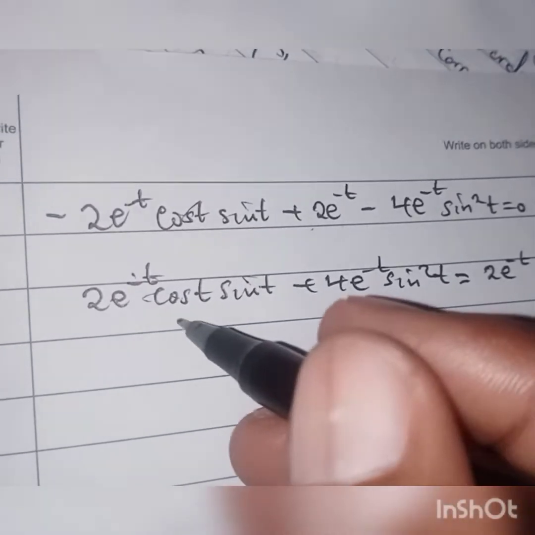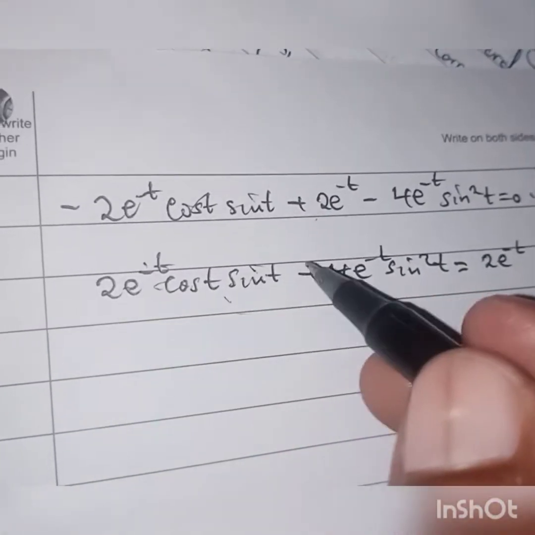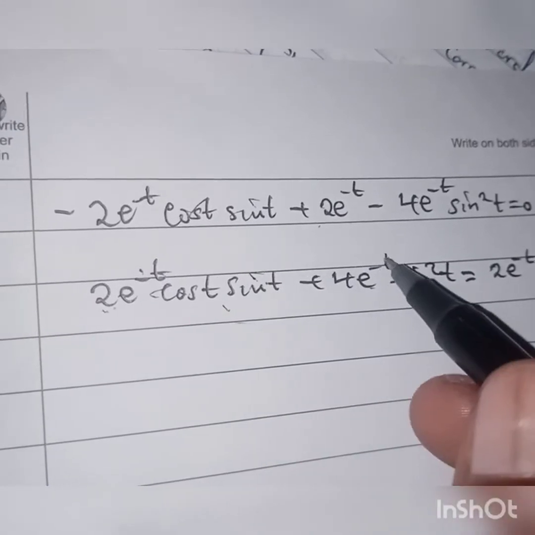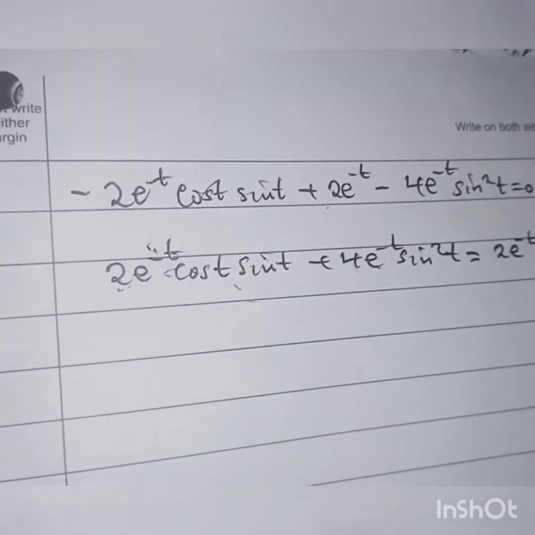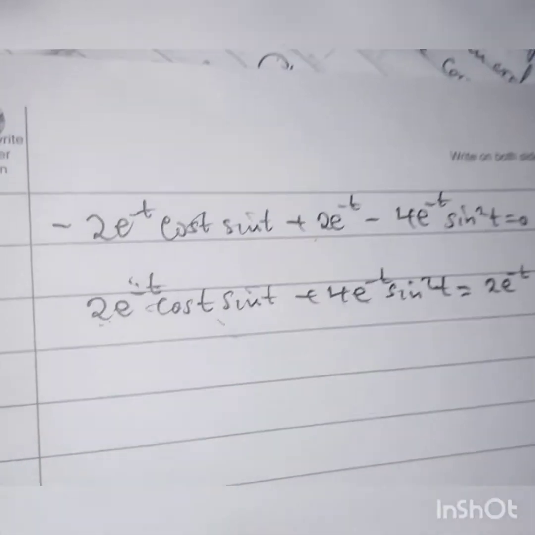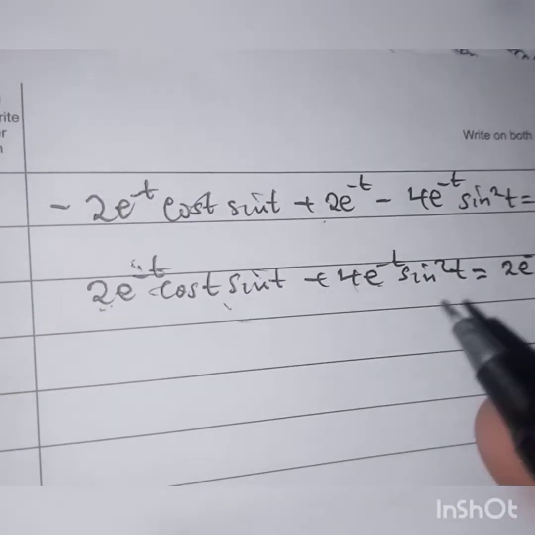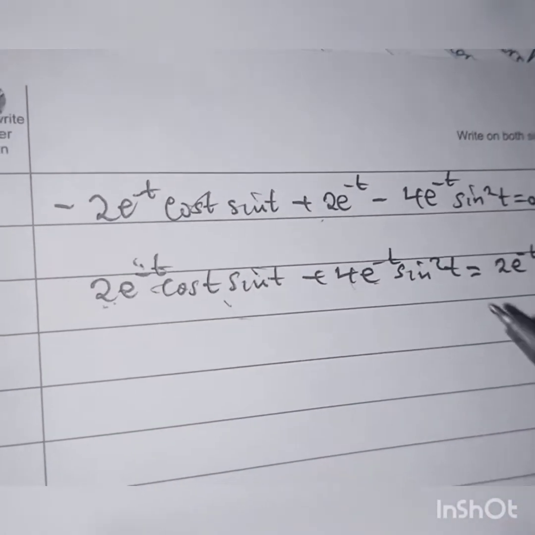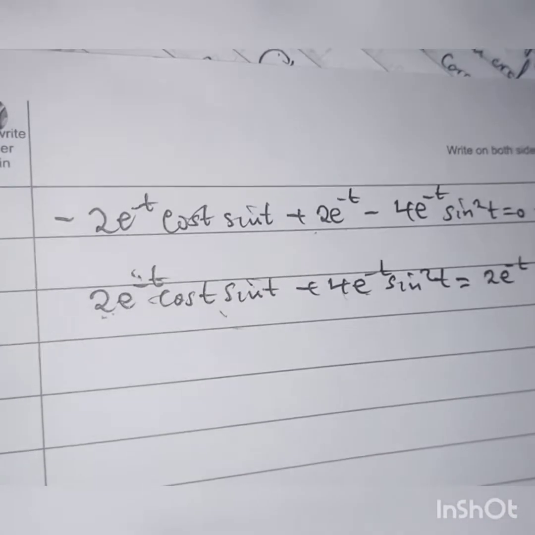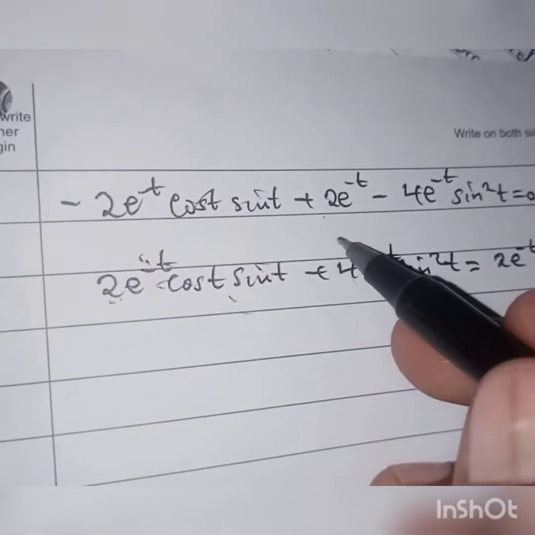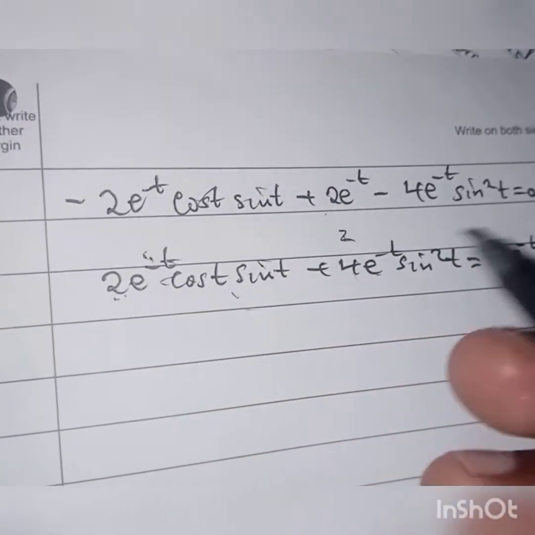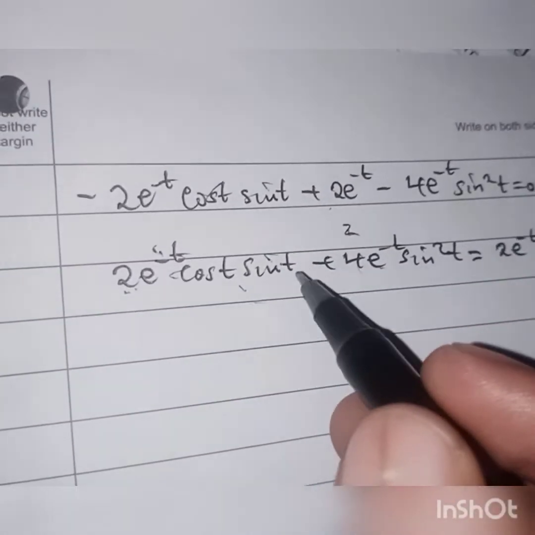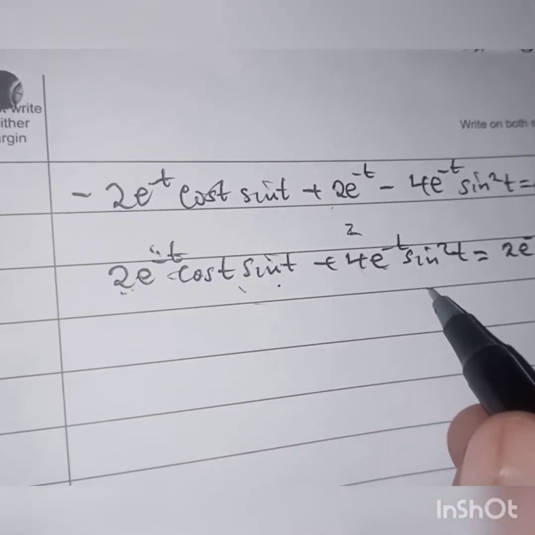So far we are here, but you can see that e is in each and every element. Therefore you can just divide both sides by e and they cancel out. Also 2 can cancel out in both cases. Here it will be 1, here it will remain 2. And we can also factor for sin t, because sin t is here and there.